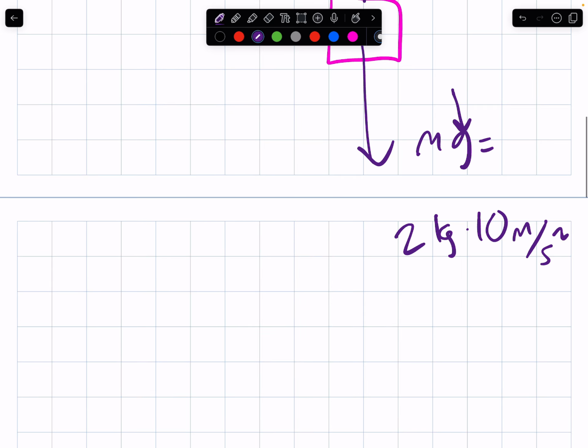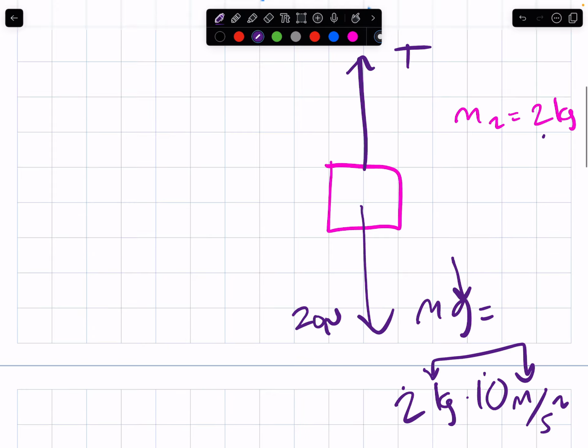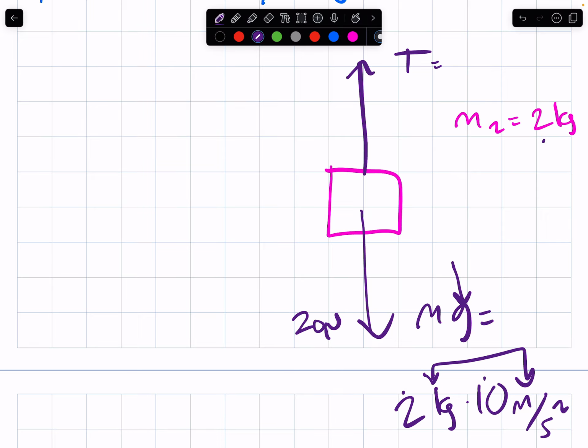And so all that turns into, well, 2 times 10, that's 20. And a kilogram times a meter per second squared, we've talked about, that's called a Newton. So there's 20 newtons acting down on this thing, 20 newtons of force. And then up here, T, we don't know what that is.